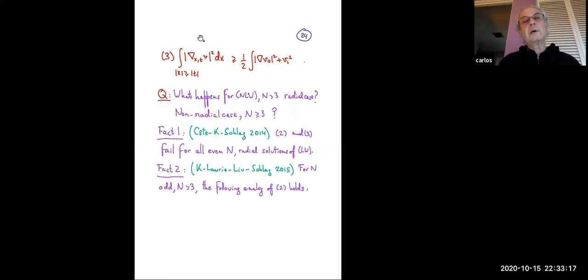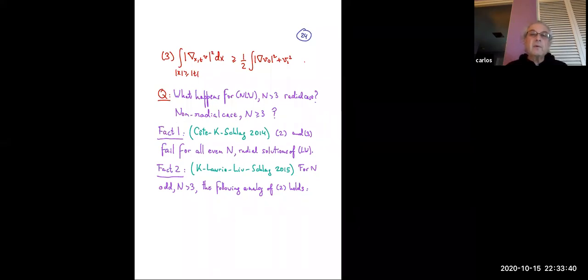Now, once you see this three-dimensional theorem, it is natural to ask what happens in the radial case for a dimension higher than 3, and what happens in the non-radial case for all dimensions 3 and higher. And this is what the rest of the story is.